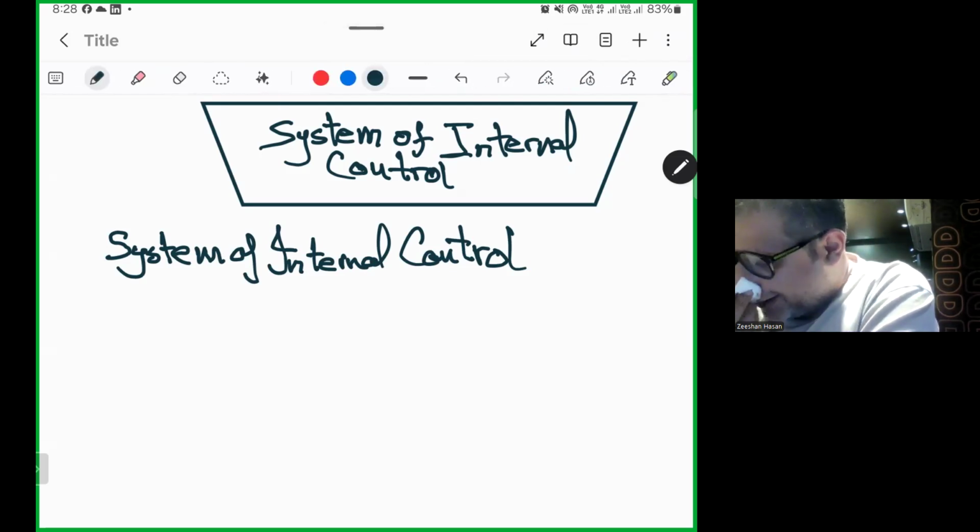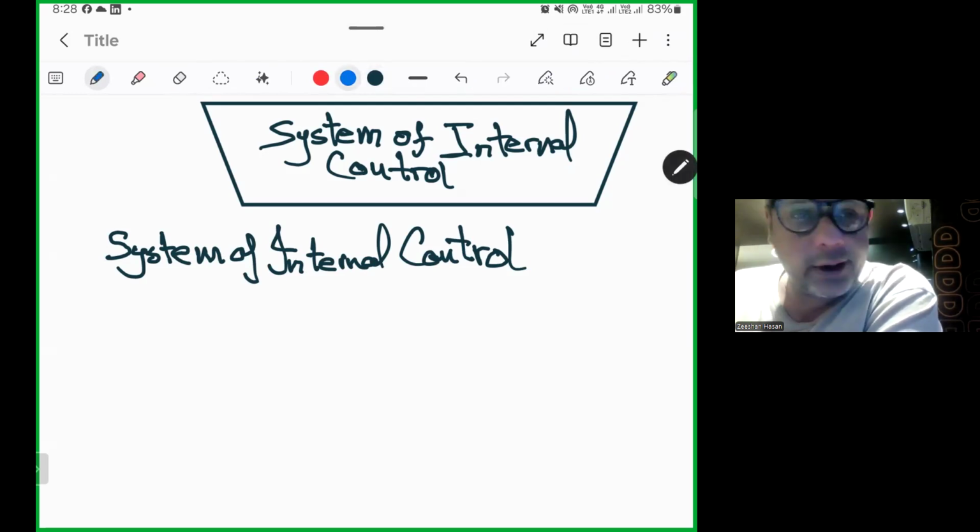Right, so let's start with it. What is the system of internal control?